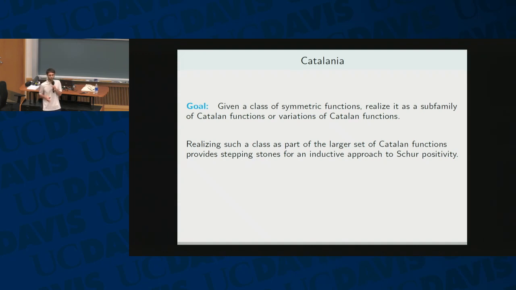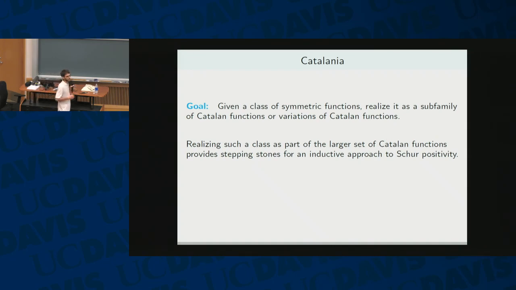More precisely, for a fixed degree, there are only partition-many k-Schur functions of that degree, but for Catalan functions, you can vary the weight and the root ideal. So there are many more, and having so many more allows you to have stepping stones between the individual elements of your chosen class of symmetric functions. And having these stepping stones enables an inductive approach to things like Schur positivity.